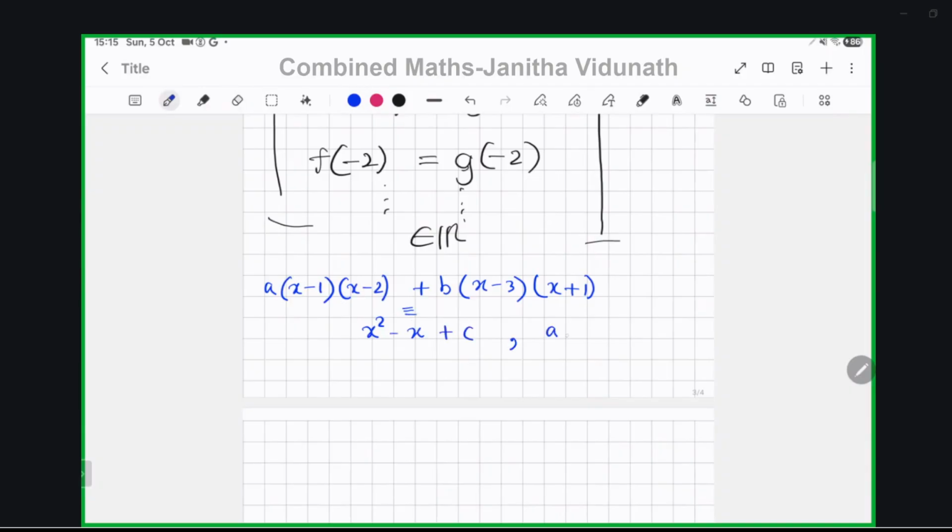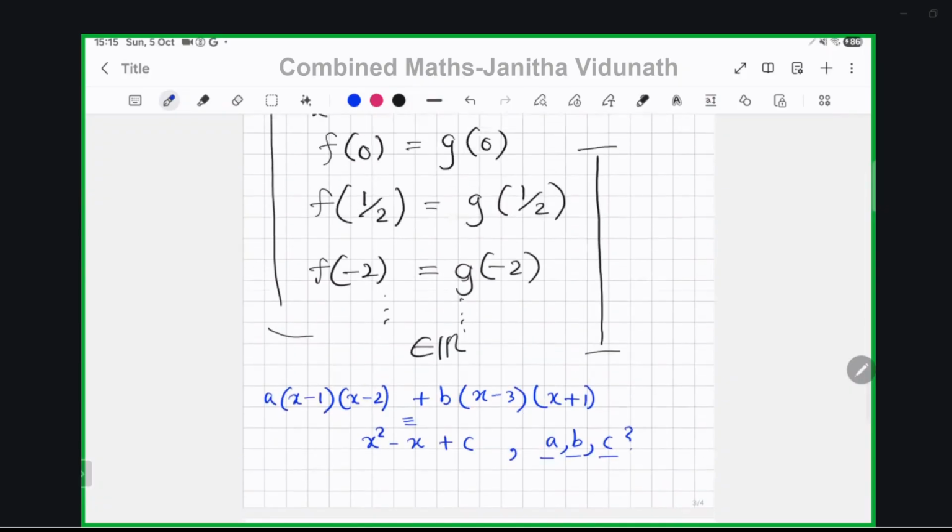Then we need to find the values of a, b, c. We already know a method by equating both corresponding coefficients, and we can get the values of a, b, and c.